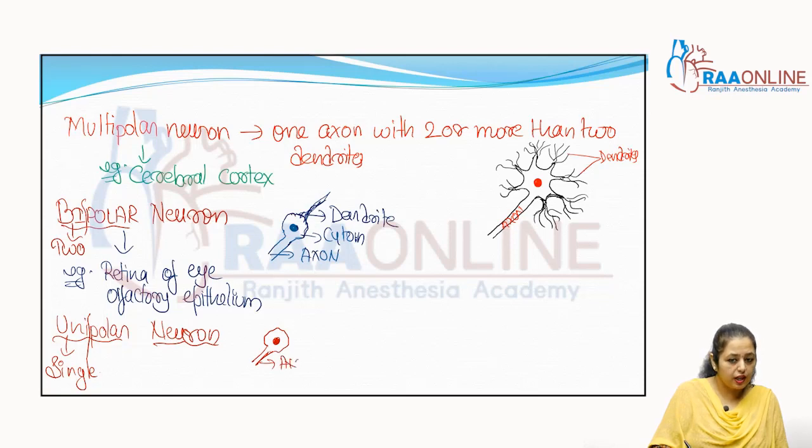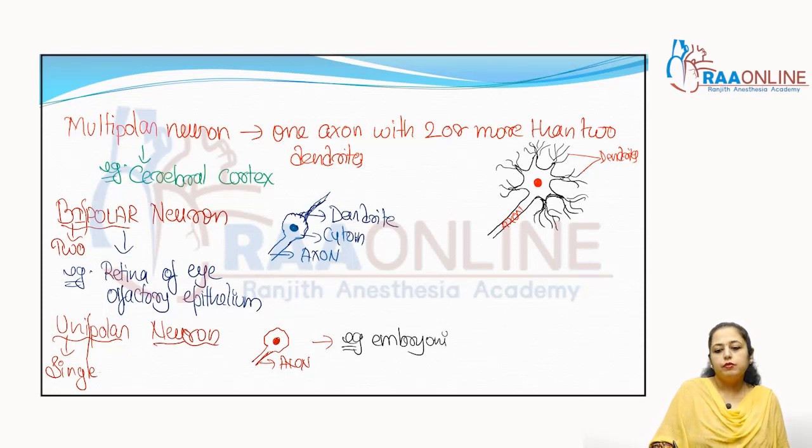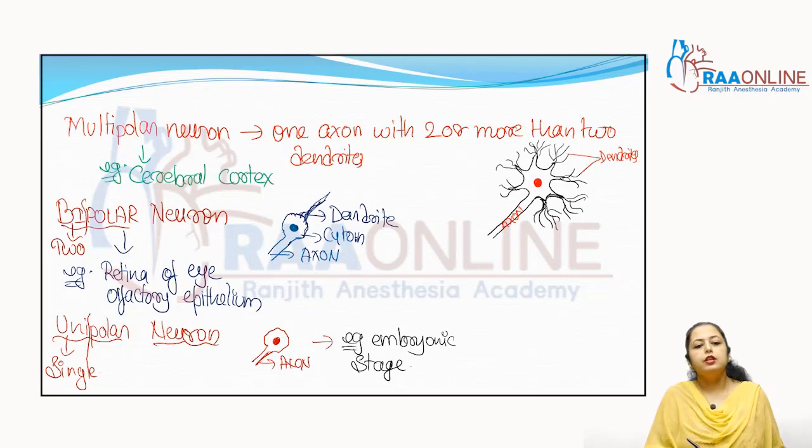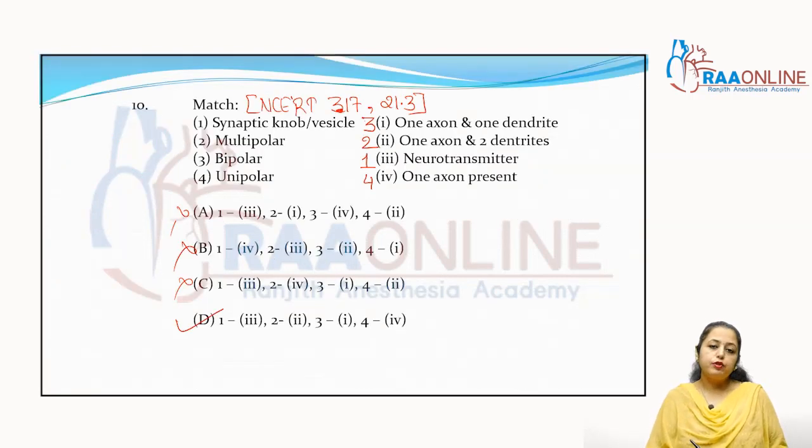There is no dendrite, only an axon, and unipolar neurons are present mostly in the embryonic stage. Clear? So these are the types of neurons.